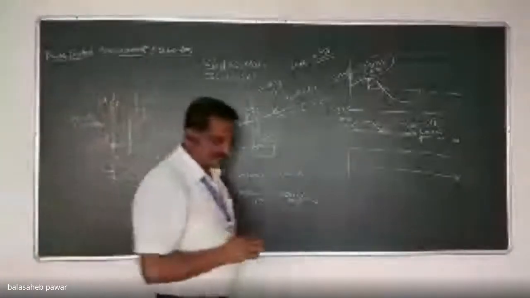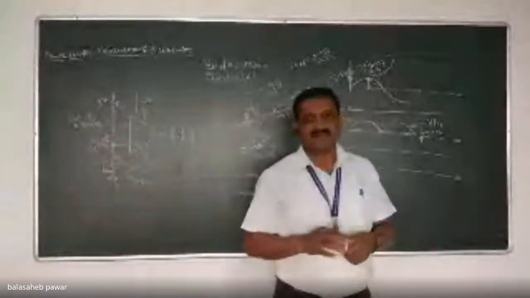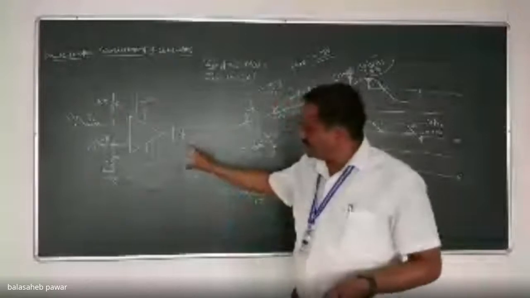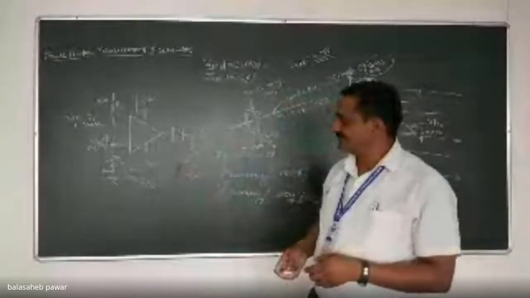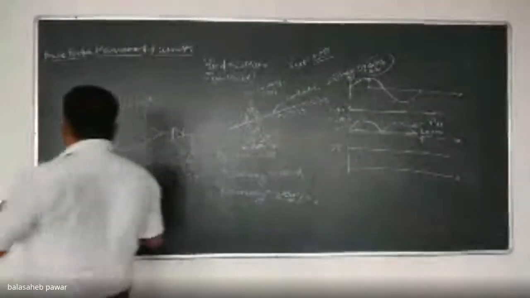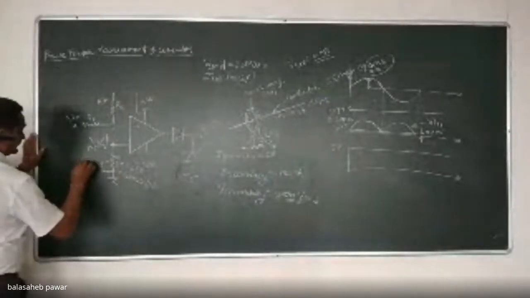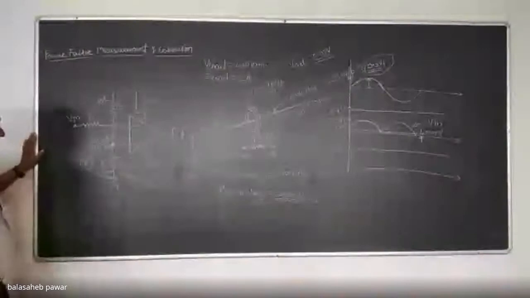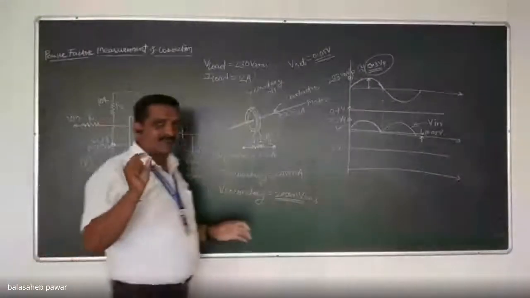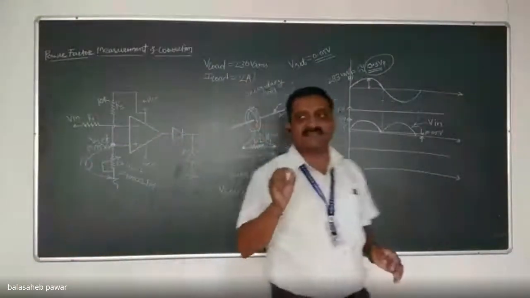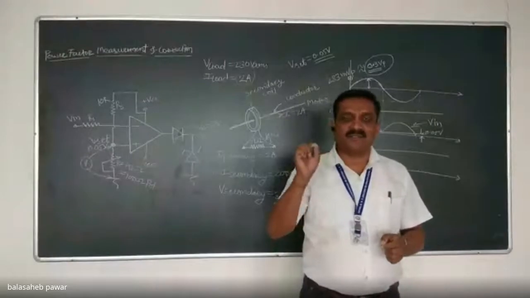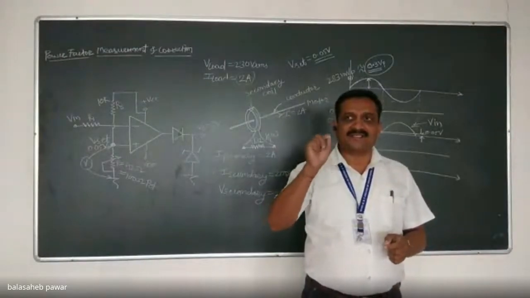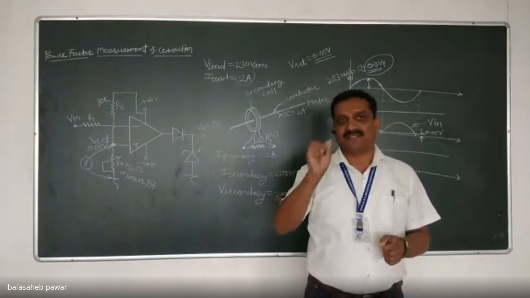Connect one DMM, a DC voltmeter, across this potentiometer. Move the wiper of that potentiometer in such a way that the DMM reads 0.05 volt on it. Will it be possible?